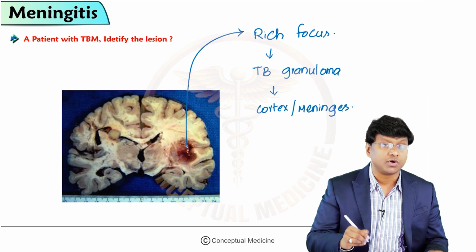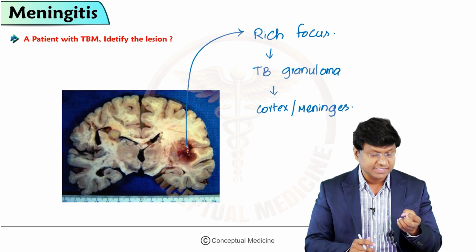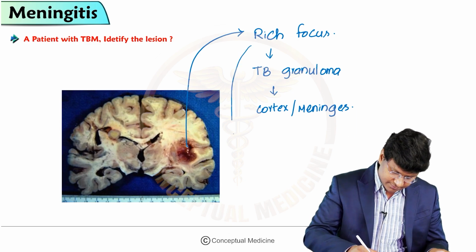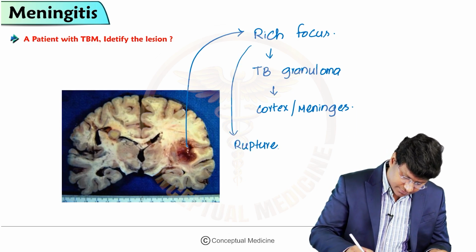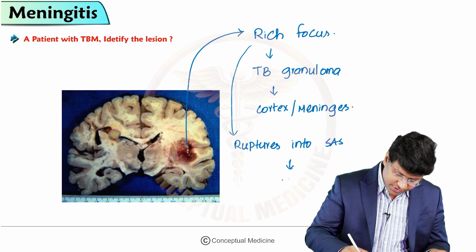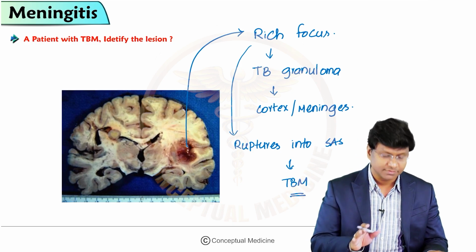Right, within the cortex or meninges of the brain. And once this Rich focus ruptures into the subarachnoid space, that will cause tuberculous meningitis. That is what you will observe with the Rich focus.